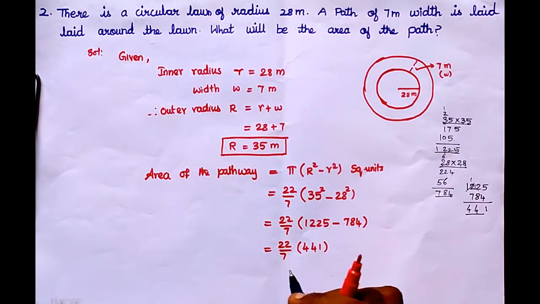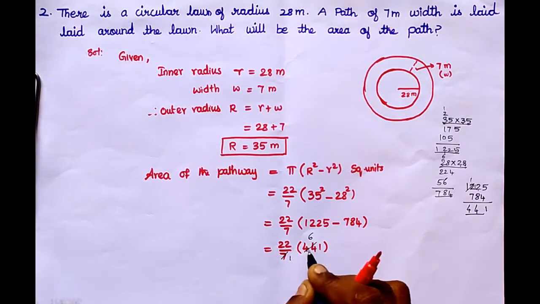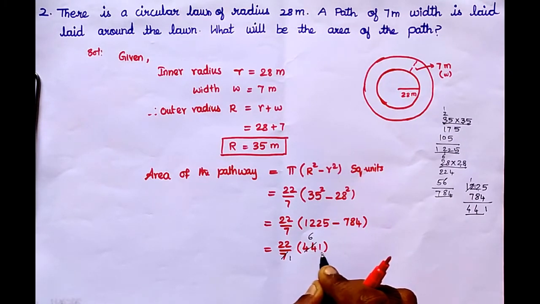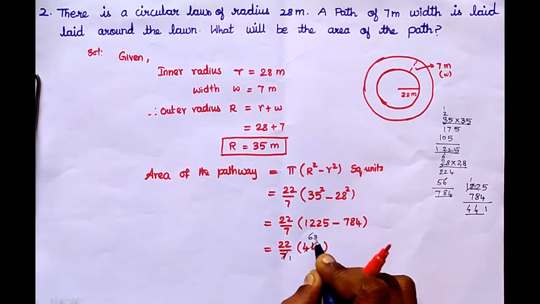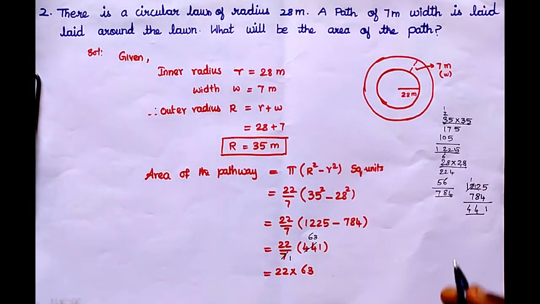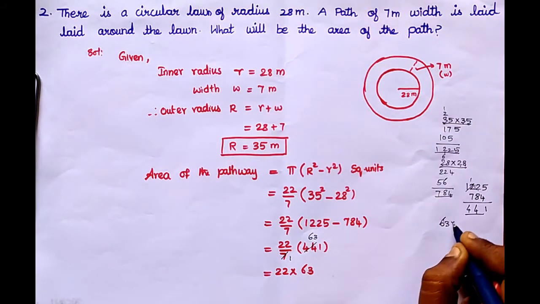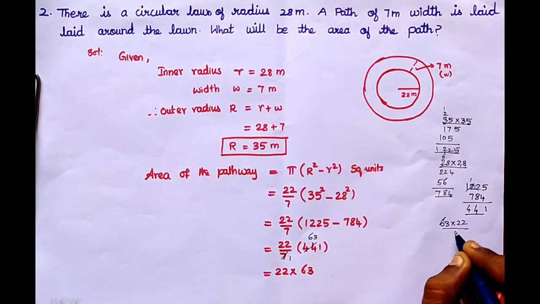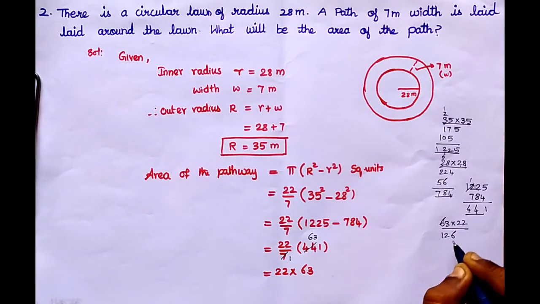Now cancel this number. 1 7 is 7. 6 7s are 42. Balance 2 here. It becomes 21. That is 3 times. So remaining number 22 into 63. 63 into 22. 6 2s are 12.